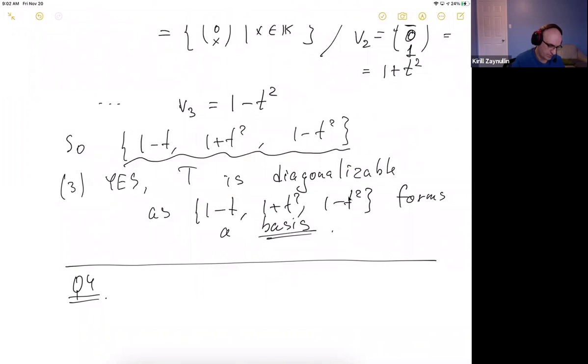For the criteria for diagonalizability, it's very important to look at the criteria which relates the algebraic multiplicities and geometric multiplicities, right? So remember that the matrix is diagonalizable if two conditions are satisfied.